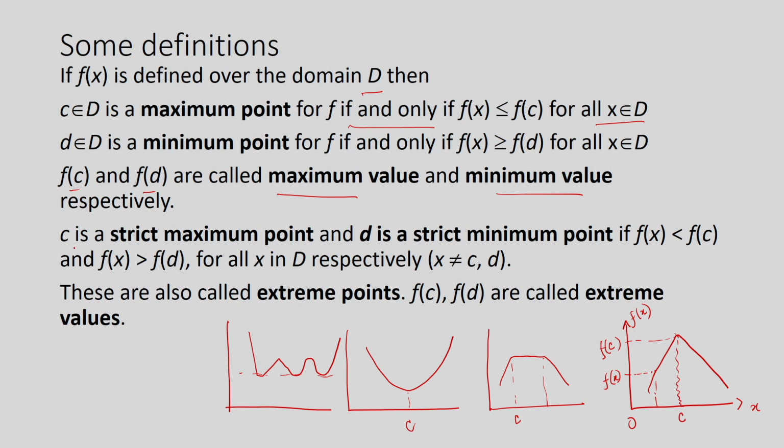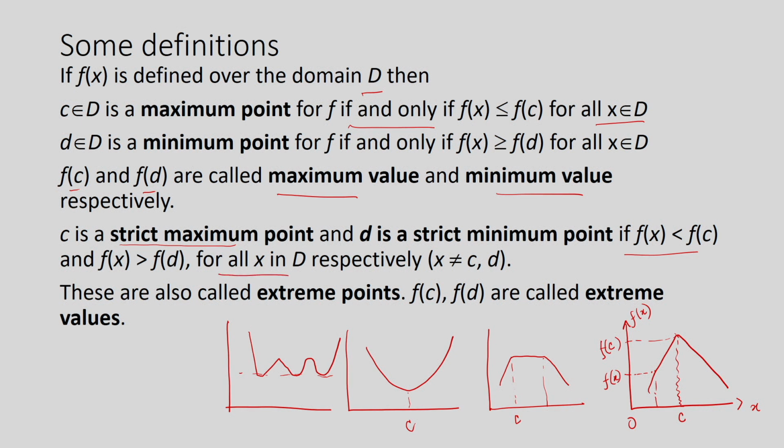Then we encounter the definition of strict maximum point. Small c is a strict maximum point and small d is a strict minimum point if you have a strict inequality like f(x) is strictly less than f(c) and f(x) is strictly greater than f(d) for all x in the domain respectively.